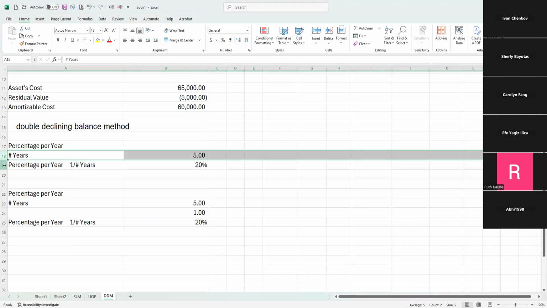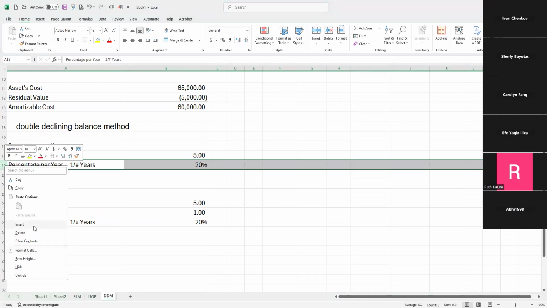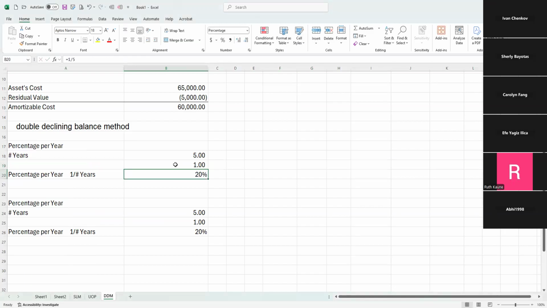Let's plug 1, and again that will be 1 divided by 5. What if I use the asset for 6 years now? What will be my percentage? 17% per year.